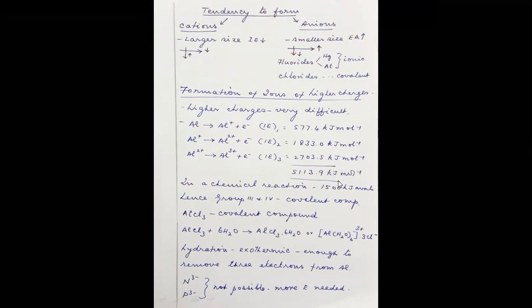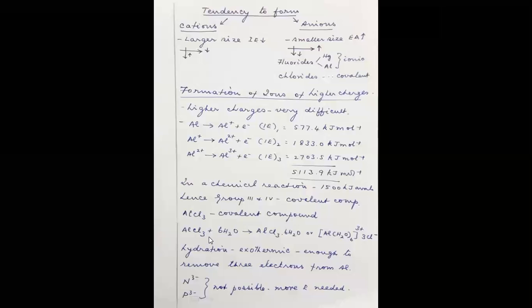Previously we explained that the formation of aluminium 3 plus is chemically not possible because of the unavailability of such a great amount of energy. During chemical reactions, only 1500 kilojoule of energy is available, but 5113.9 kilojoule of energy is required to remove 3 electrons from the aluminium to form aluminium 3 plus.